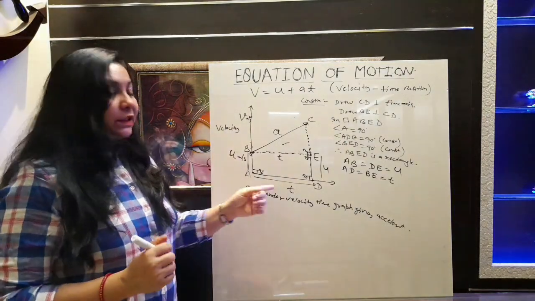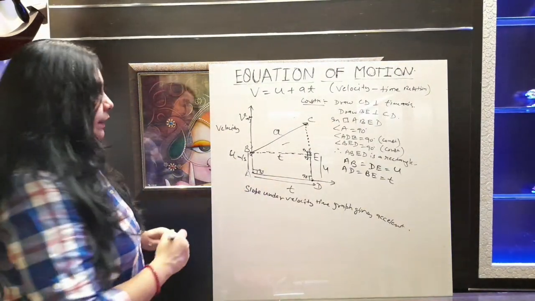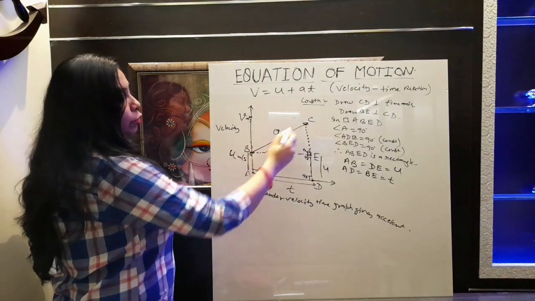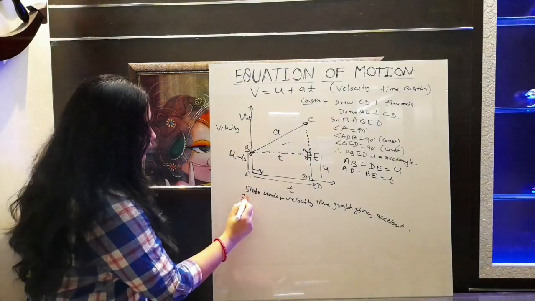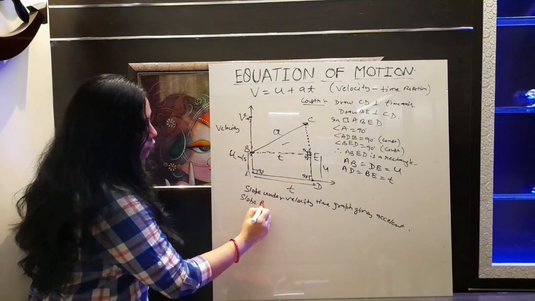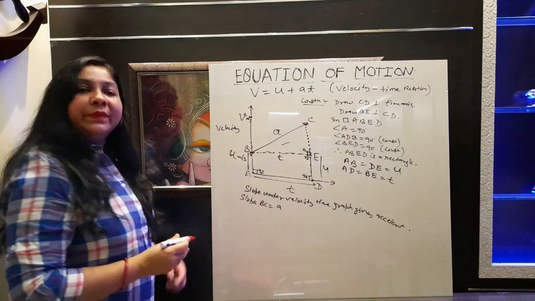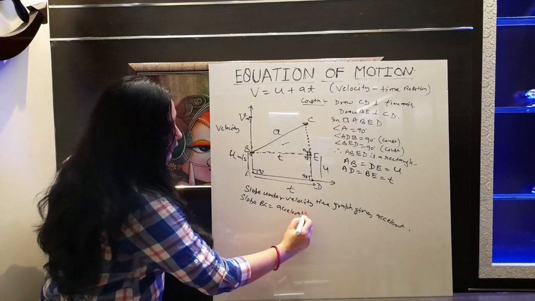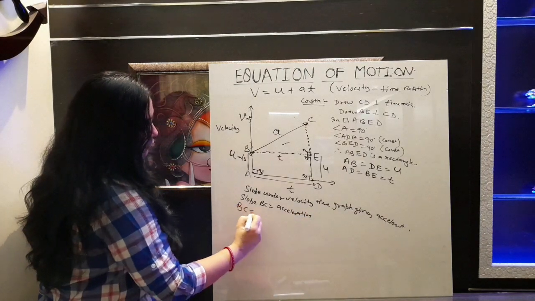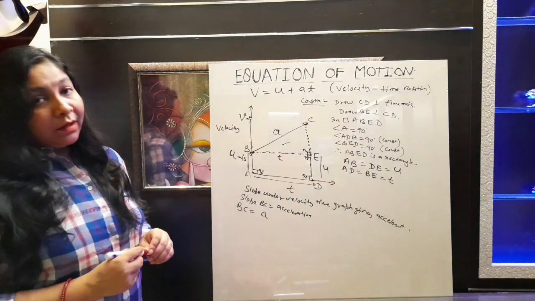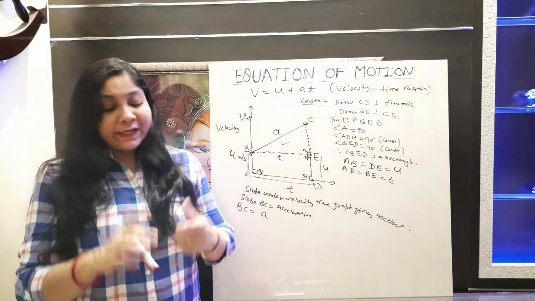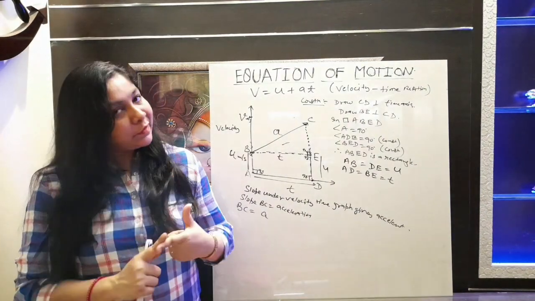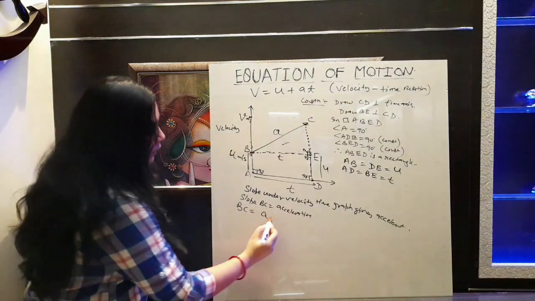What is your slope here? Your slope is BC. Therefore slope BC is equal to acceleration, or slope BC is equal to a. Now what is acceleration? It is just the change in velocity with respect to time. I'm writing here, a is what?